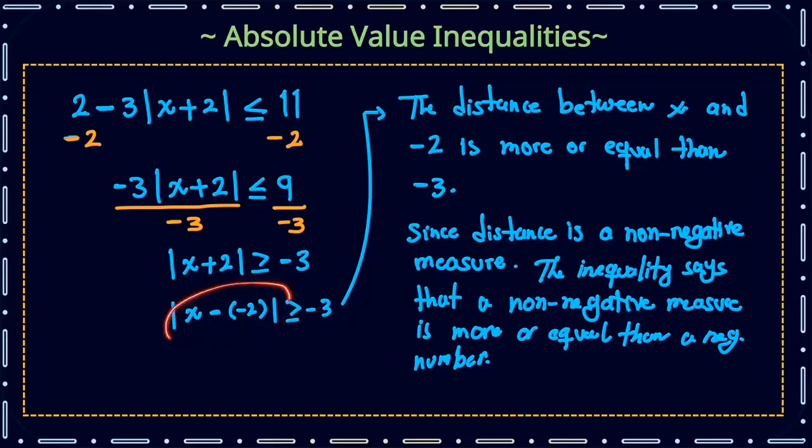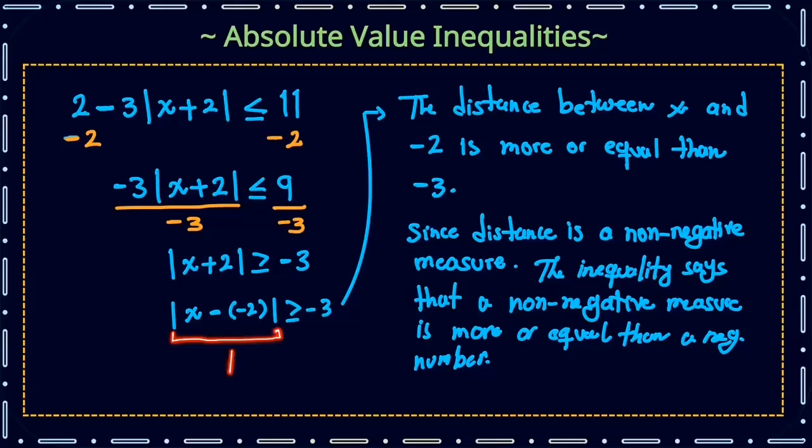What is an example of a non-negative number? Let's take 0, for instance. 0 is non-negative. Imagine this is 0. 0 is greater or equal than negative 3. That checks out. Imagine another non-negative value for this absolute value.